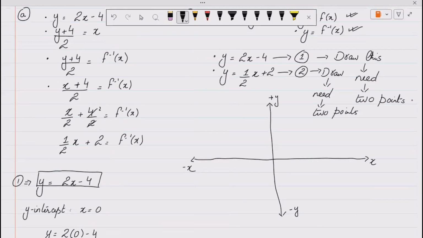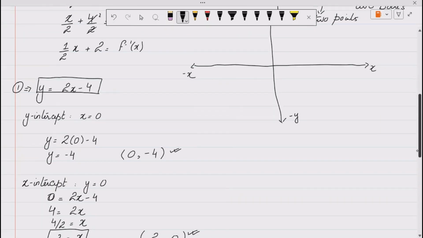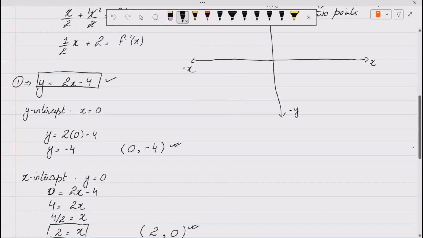Okay, so now let's first make equation 1. To make this equation, we have to draw these 2 points. The first point is 0 comma minus 4. So let's first draw numbers on the axes. This is the 0 comma 0 point, x is 0, y is 0. Then 1, 2, 3, 4. Here minus 1, minus 2, minus 3, minus 4.